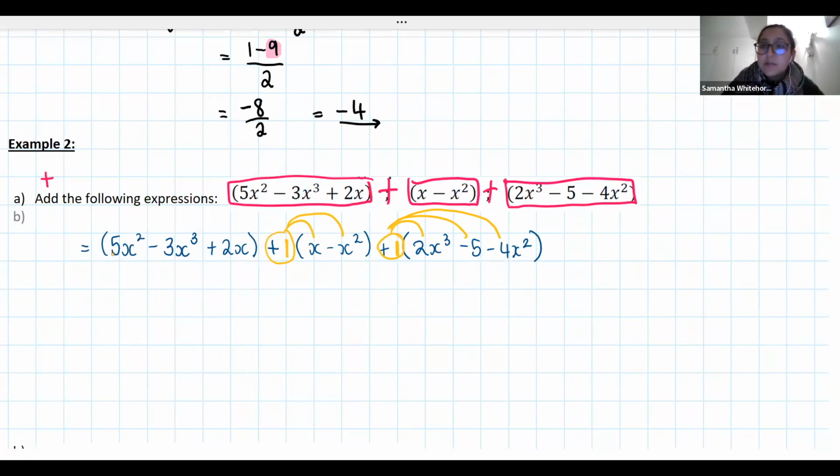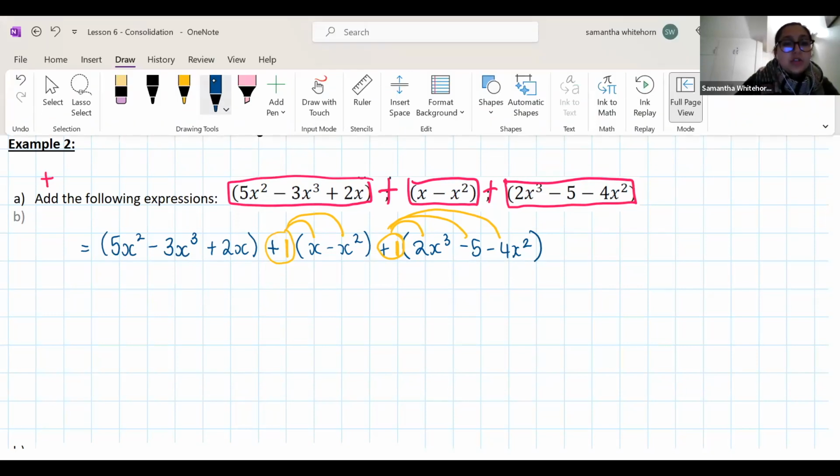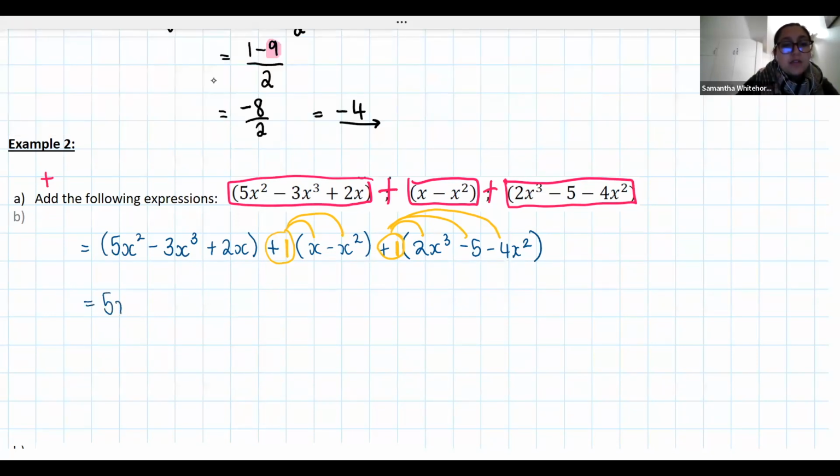So 7 times +1 is 7. -2 times +1 is -2. -3x squared times +1 is -3x squared. So that coefficient of +1 doesn't change anything. And so from this point, if we wanted to, we could just drop all of these brackets and just deal with the terms from each expression. Lots of terms, but it's all right.